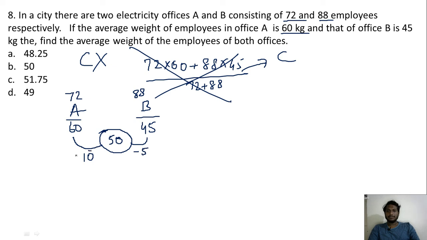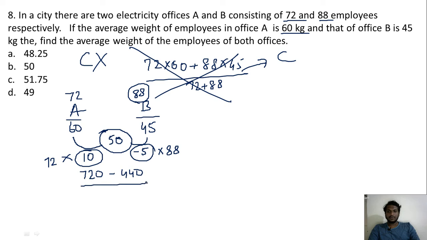Now multiply this 10 with total number of employees and multiply minus 5 with total number of employees in office B, that is 88. Now here you have 720 minus 440. Now divide this with total number of employees, that is 72 plus 88.